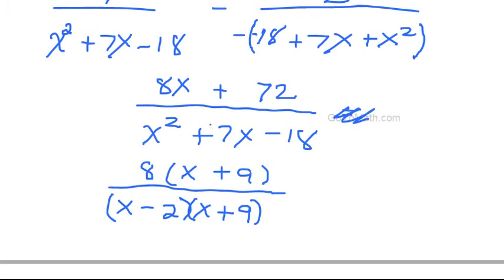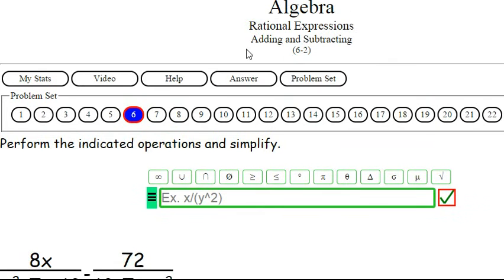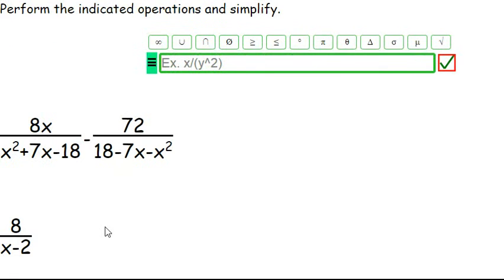Negative 2 plus 9 is 7. And as you can see here, we can cancel these two guys out, and we will be left with 8 over x minus 2. Did we get that? 8 over x minus 2, yeah.